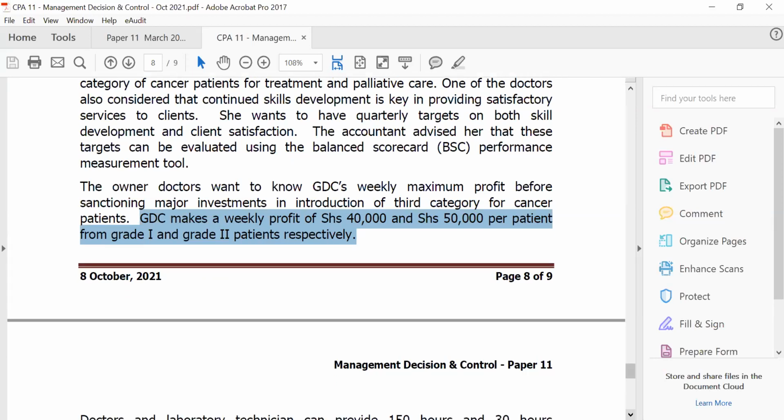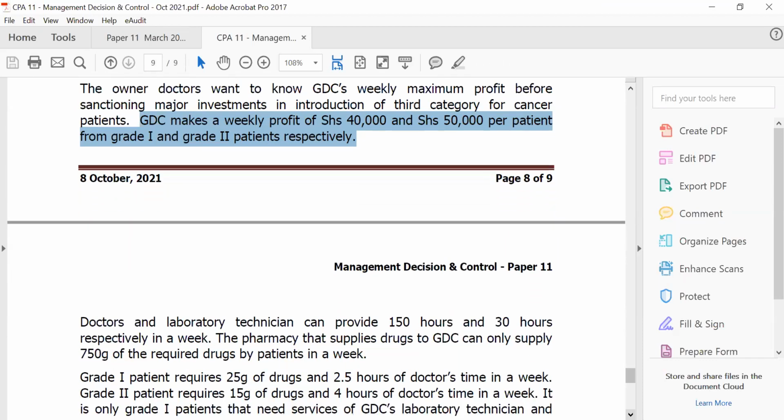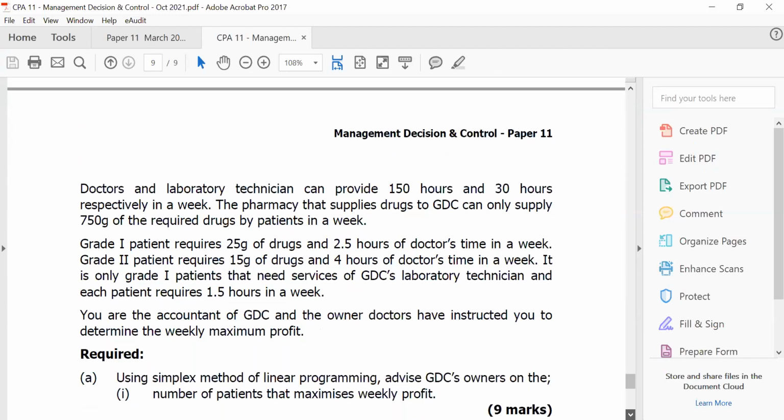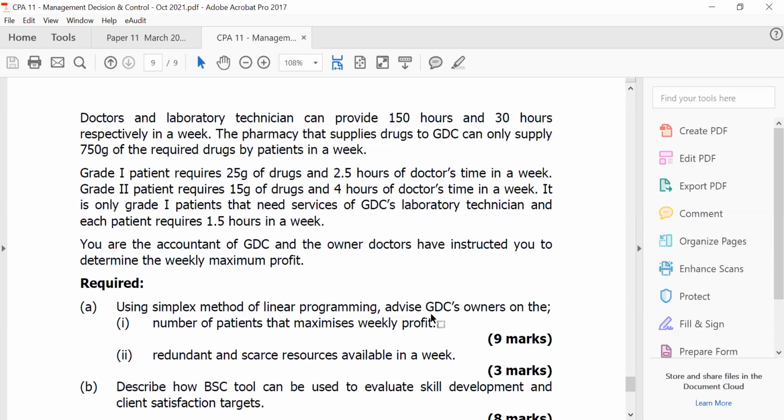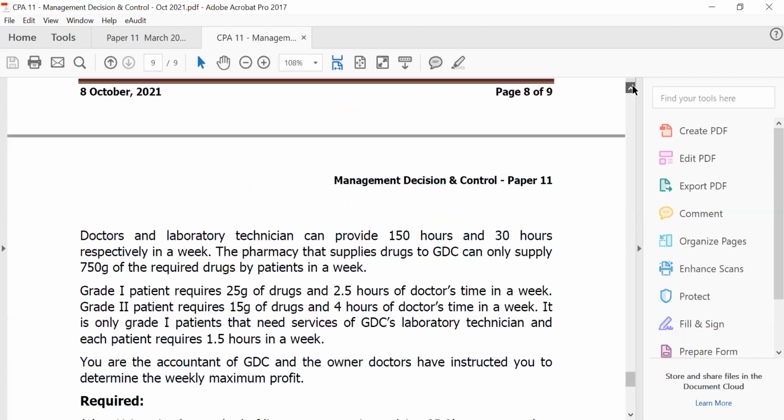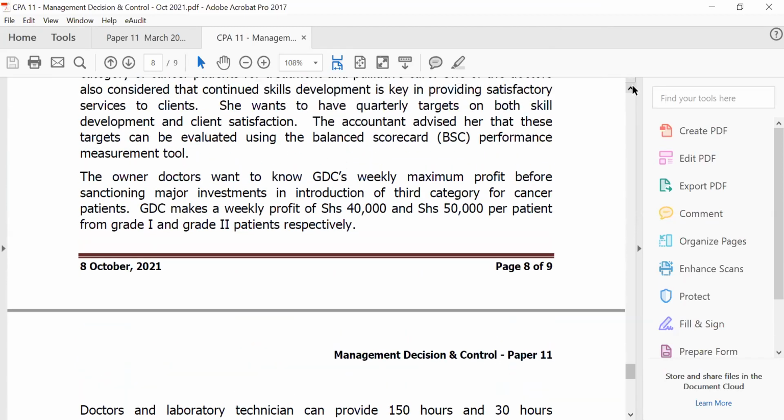But since we have been given profit, sometimes they can also give you contribution, in terms of what contribution each of the products brings in, and then ask you something that maximizes the contribution. Like I said, our objective function is usually determined by what management is aiming at. So here, they want something that maximizes the weekly profit. That is why we have used that as the objective function.